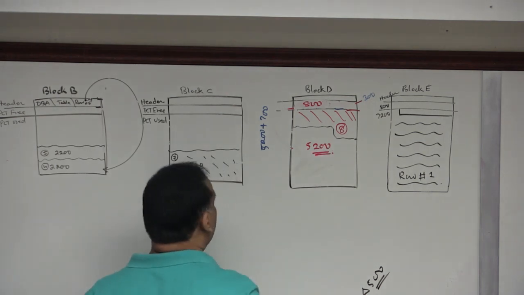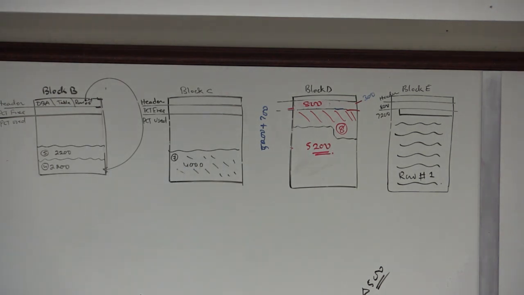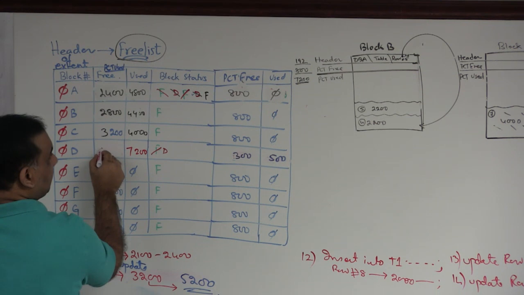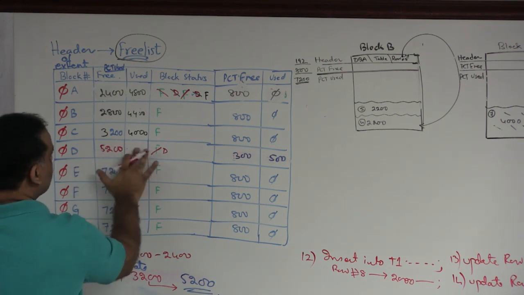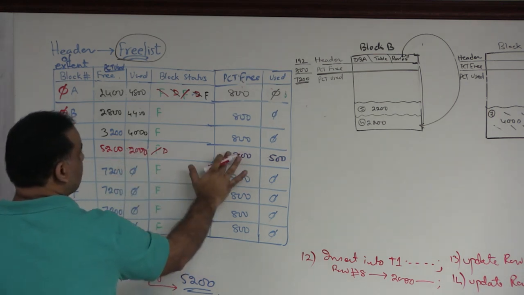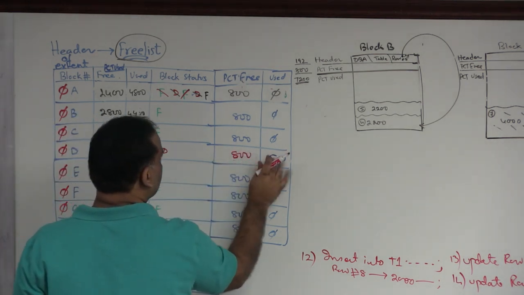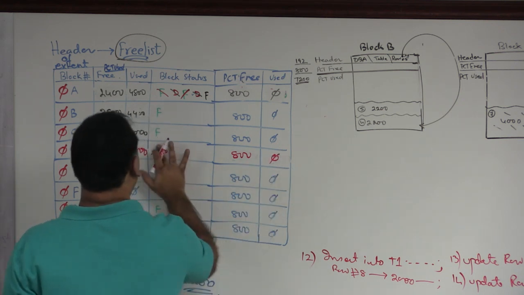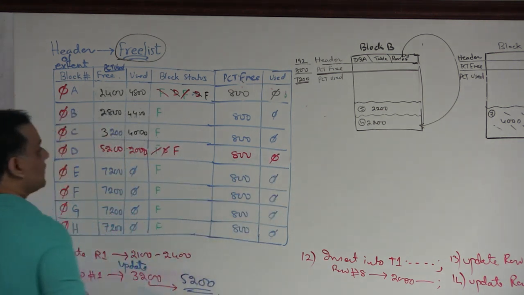So this space is back now, so again it will come back to D. D says how much space? PCT free is 5200, right? And then the used is 2000, and this one is again back to 800. This one is 0, and this one is going to advertise itself as free again.